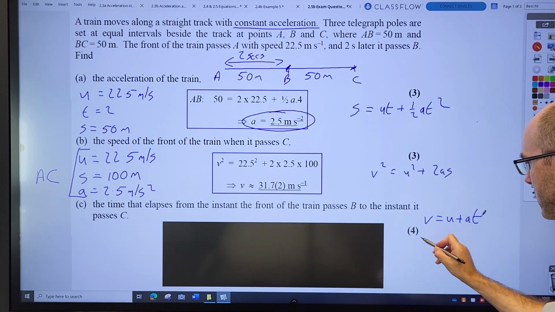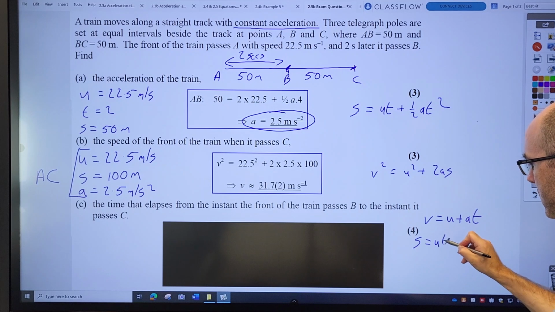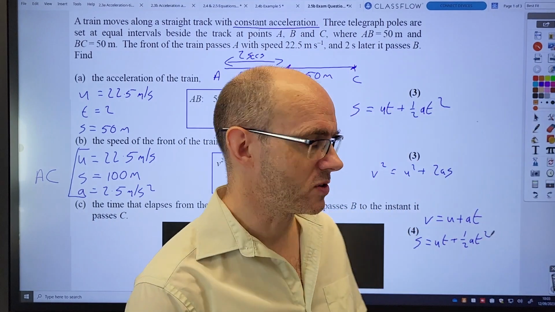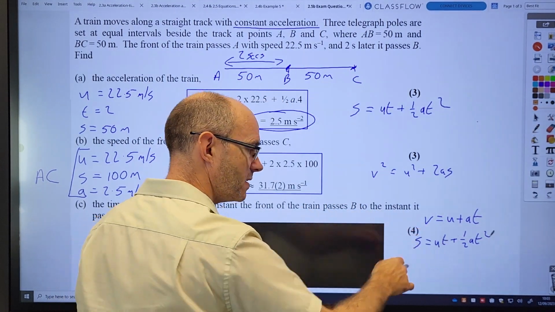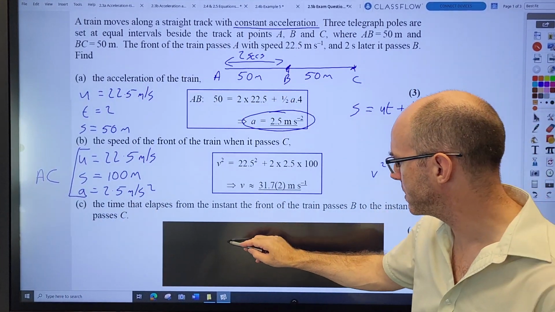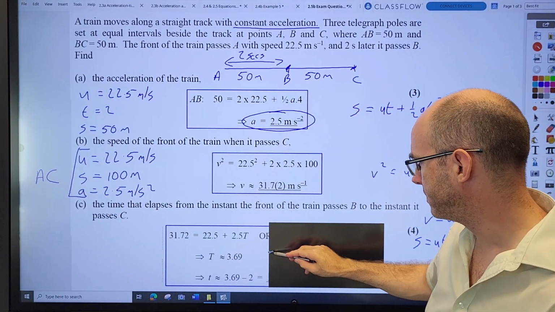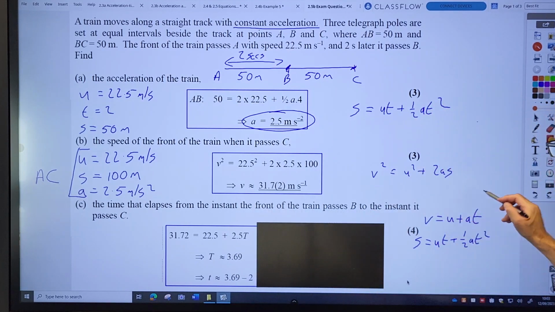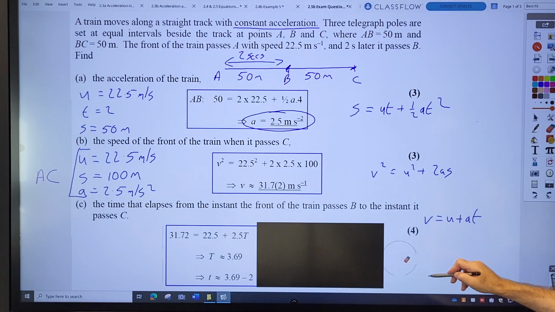You can use S equals UT plus half AT squared. The disadvantage of that is that you've got the 2 variables of T that you're going to have to use. I'm just going to look to see what was being done here. Yeah, as I thought, V equals U plus AT. So just work that one out.